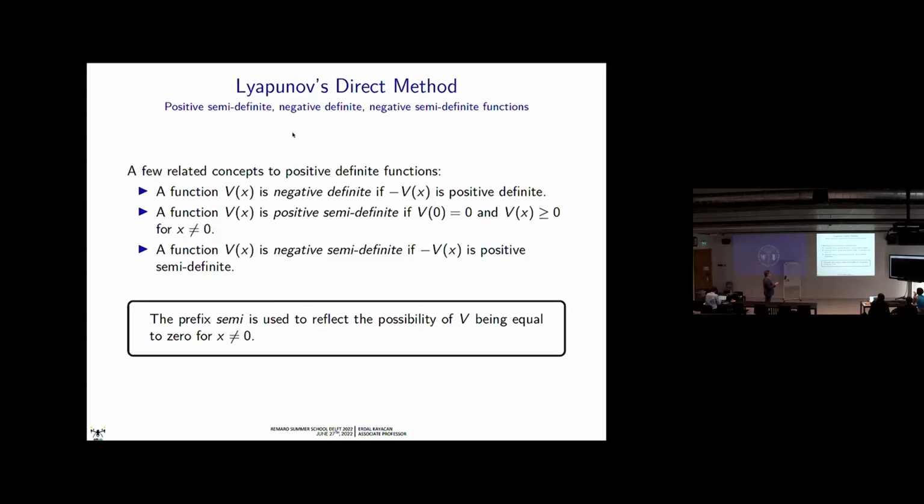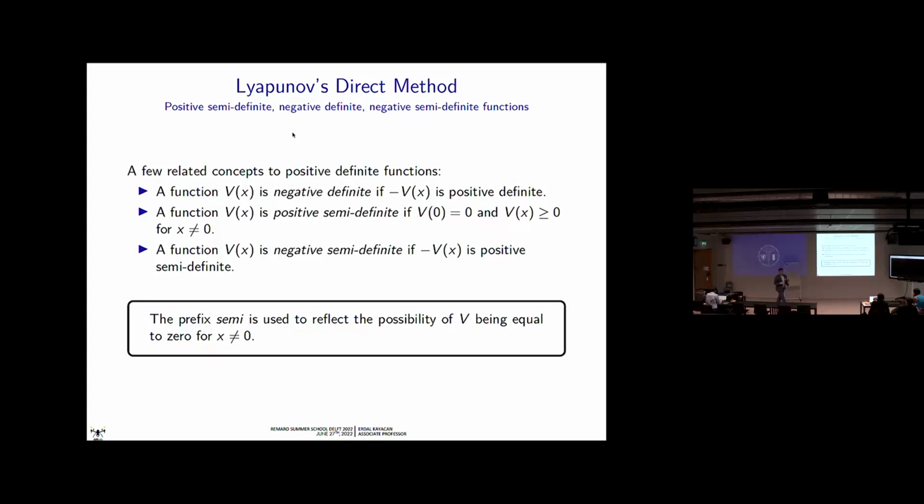Okay? And this function V(x) is negative semi-definite if minus V(x) is positive semi-definite. Lots of definitions here. But I think you understand what positive definite is. And the prefix semi is used to reflect the possibility of V being equal to 0 when x is not equal to 0. This is exactly what you said. It can be 0 when x is not equal to 0.